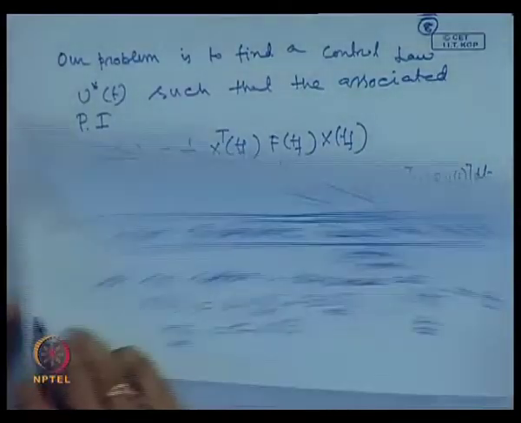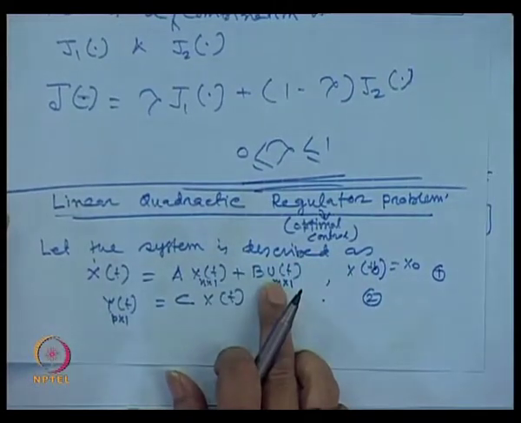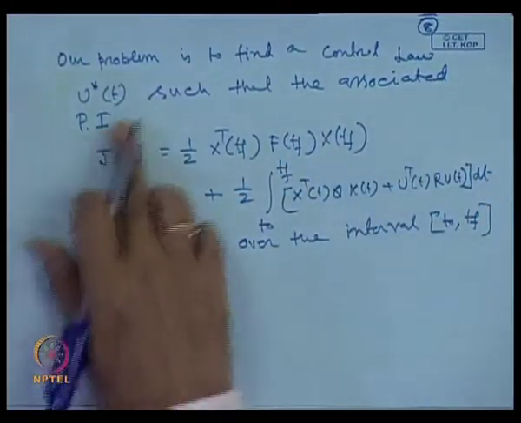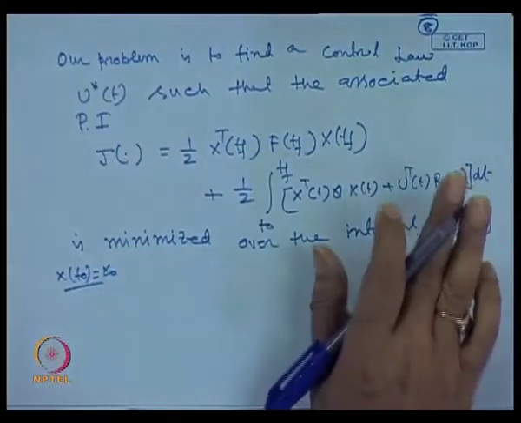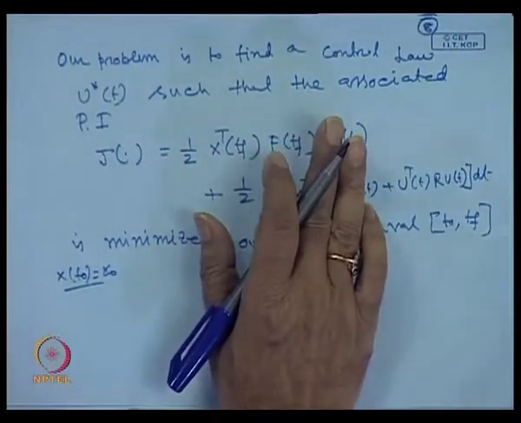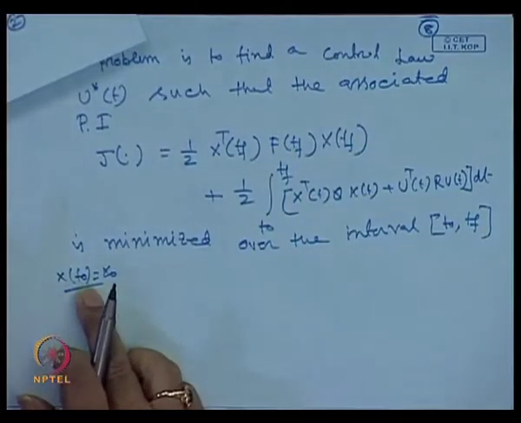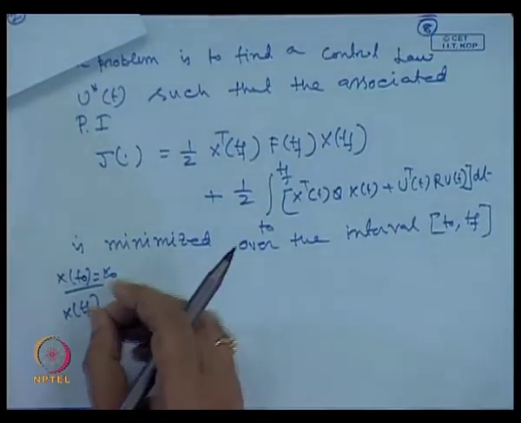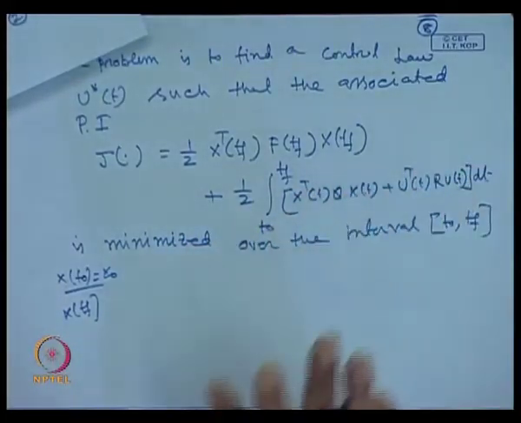Once again I state the problem: find the control law u(t) in such a way that this performance index is minimized. In other words, you find a control law u that will drive the state from the initial state x(t0) to the final state x(tf), which is close to the origin.